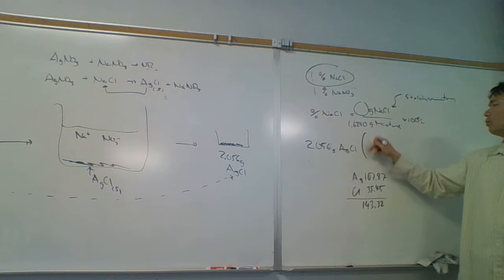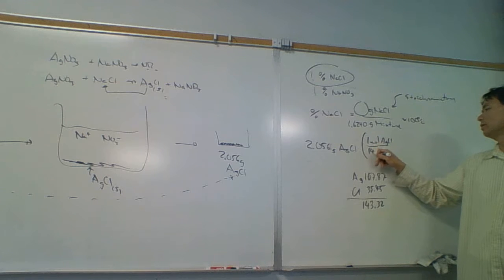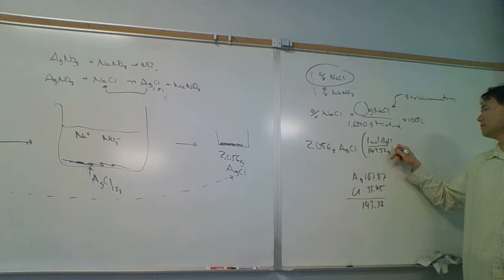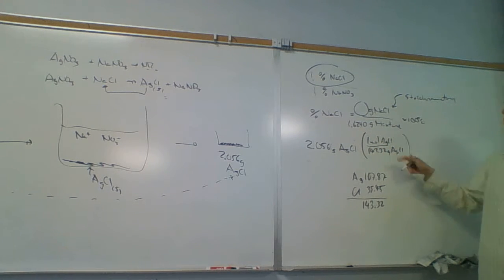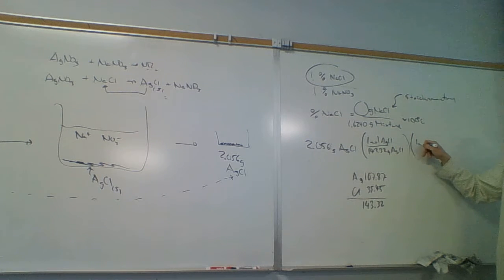Okay, so 1 mole of silver chloride is 143.32 grams. And then it's a 1-to-1 mole ratio: 1 mole of sodium chloride for every 1 mole of silver chloride. And then sodium is 22.99.